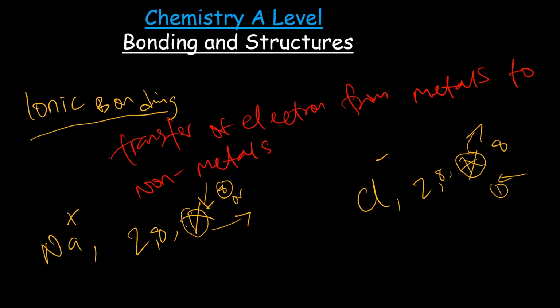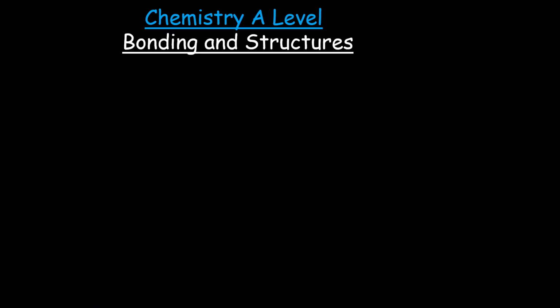So we're going to look at how to represent ionic bonding because it's very, very important, especially in your examination. So we have the sodium atom with configuration 2, 8, 1. 1, 2, 3, 4, 5, 6, 7, 8.